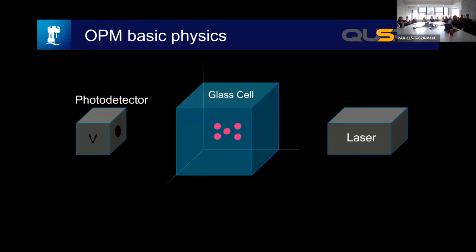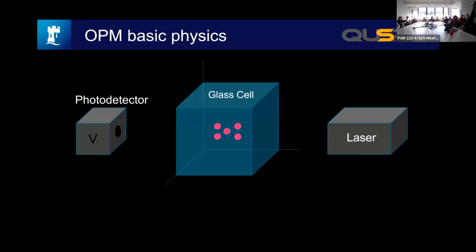This is roughly how they work. So inside each OPM is a photodetector, a glass cell with some atoms in it, and a laser. These are usually rubidium atoms, not always. You can make these things with other types of atom, but your sensors and our sensors are rubidium.